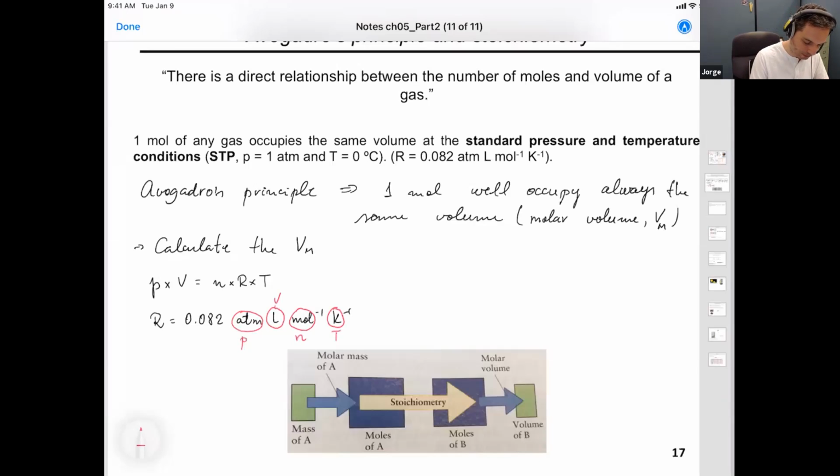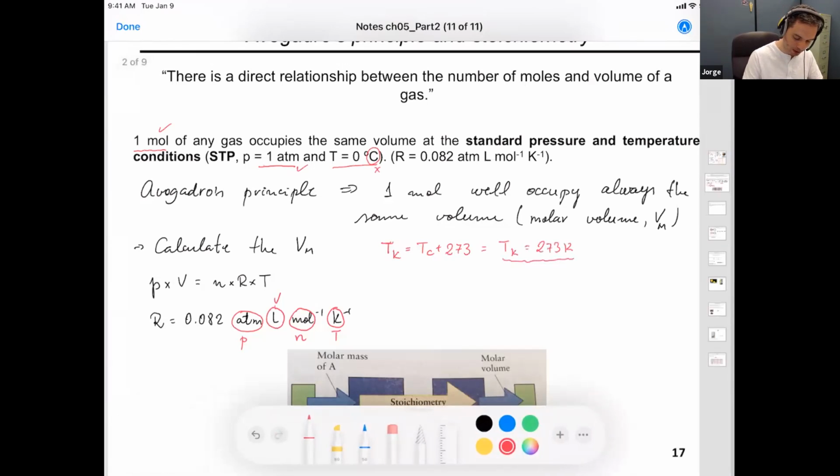The pressure is in atm, so that's good to go. The number of moles is in mole, that's good to go. However, temperature is in Celsius, so we have to transform it from Celsius to Kelvin. That's simple: temperature in Kelvin equals the temperature in Celsius plus 273. That means 0 Celsius is 273 Kelvin.